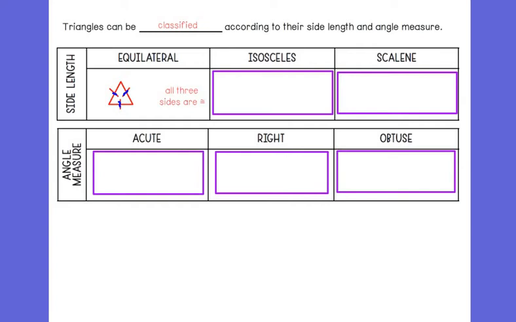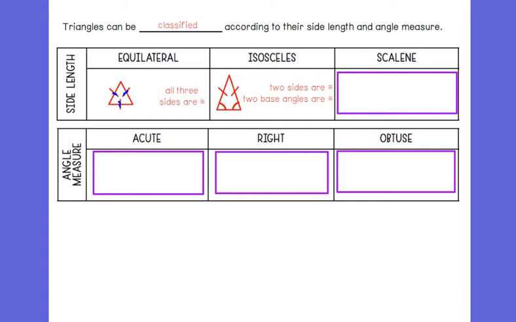Then we have isosceles. We're talking about their sides here. What do you think isosceles would mean? They're not all equal, but something else is unique about it. Two sides are equal. Isosceles is where two sides are equal. Then your two base angles would be equal.